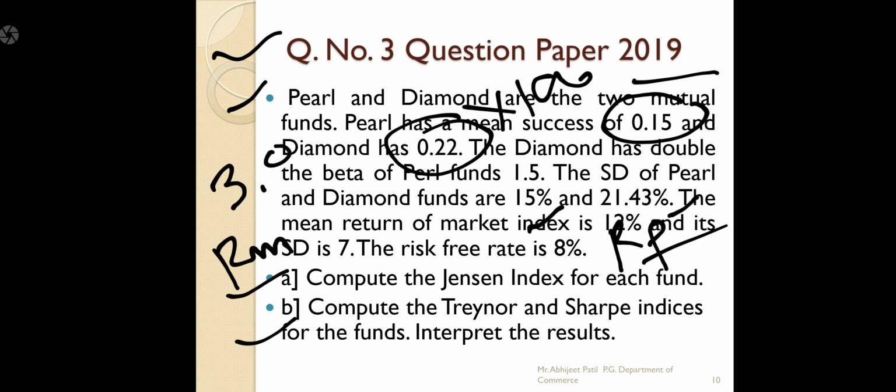Whenever such problems come, we should convert to percentage, or alternatively convert everything into decimals. Here all information is in percentage, so we convert the decimals: 0.22 into 22%, and 0.15 into 15%.